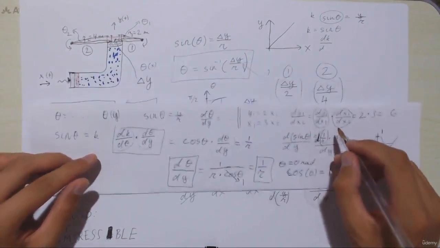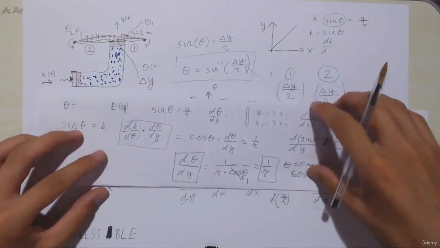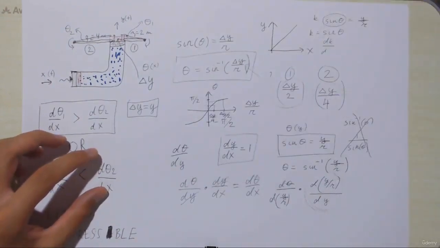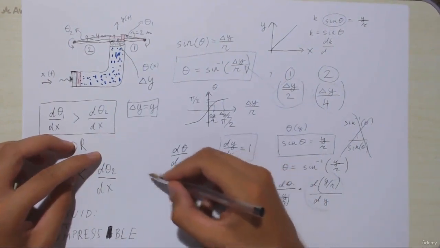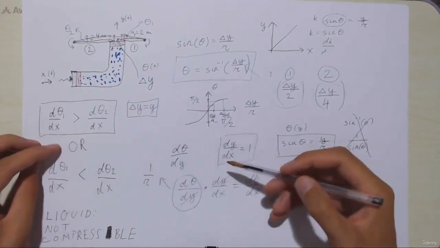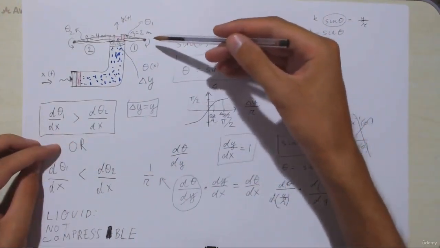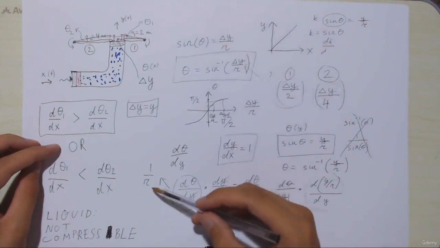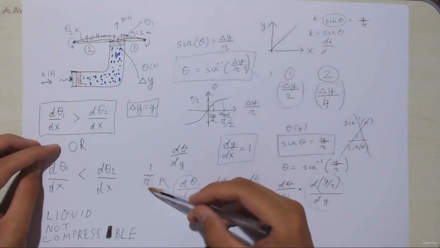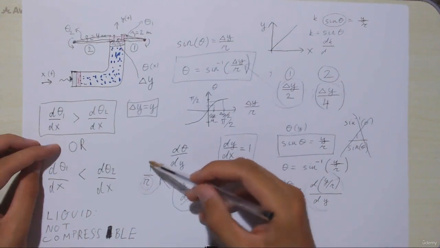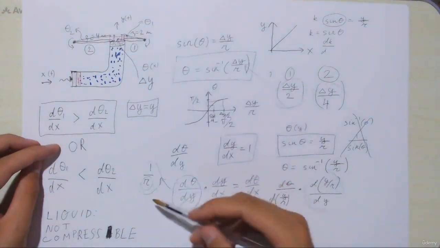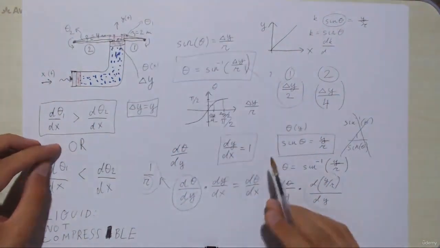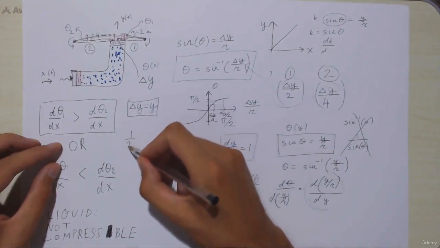And now, when we know that d theta over dy is 1 over r, we know that in case of the first beam, the r is smaller, right? This is smaller, therefore the ratio is bigger. And in the second case, r is bigger. In the second case, it's 4 meters. So in the first case, it's 1/2.